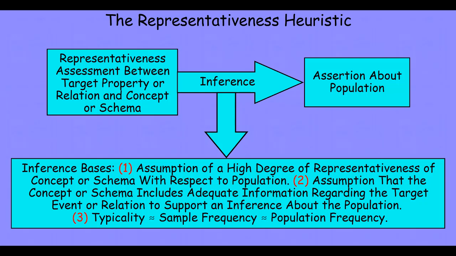So if I'm making an inference about pet birds of Wallace, it needs to be representative in a way that reflects pet birds of Wallace. Finally, it's going to measure frequency in the sample by judging typicality, translating typicality into frequency in experience, translating frequency in my sample to frequency in the population, approximate values. More typicality, more sample frequency, more population frequency. Less typicality, less sample frequency, less population frequency.